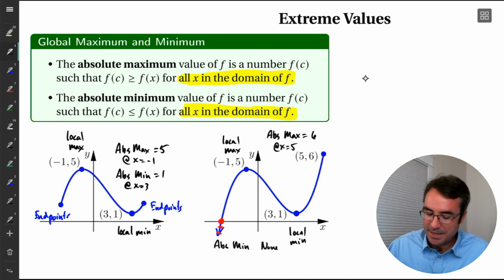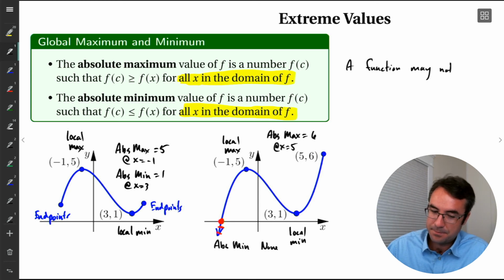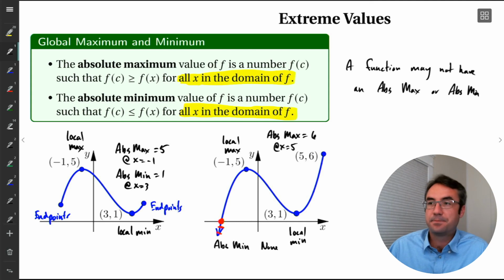It's worth noting here, as these graphs show, a function may not have an absolute max or absolute min. So these are special. And an absolute max or an absolute min can occur at a local max or a local min, as we saw in this first graph, or they can occur at an endpoint.